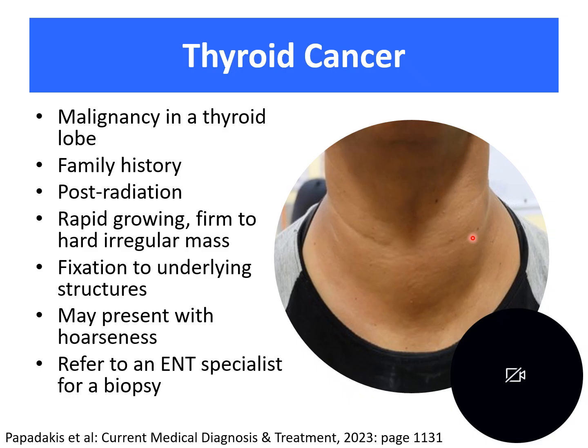If you attempt to move the sternocleidomastoid, you will not be able to separately move the sternocleidomastoid on the thyroid gland. If it invades deeper structures like the recurrent laryngeal nerve or the external branch of the superior laryngeal nerve, the patient might present with hoarseness of voice.